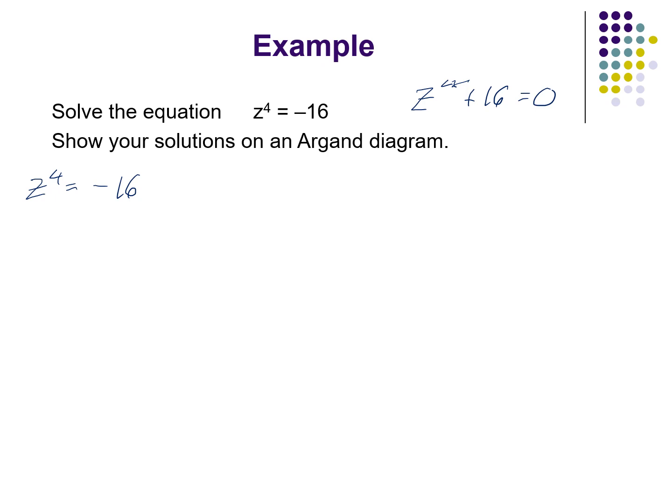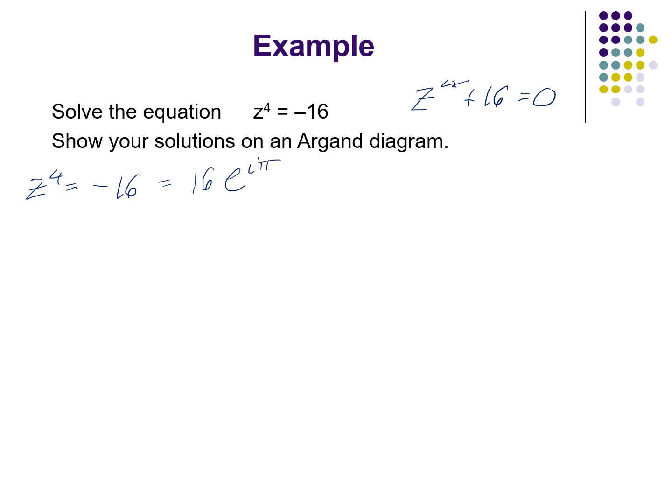Do you remember before what we did was we wrote the 1, when we were doing the roots of unity, we wrote 1 as e to the i0. So I need to write that in exponential form. The modulus of it is 16, and the argument is pi.